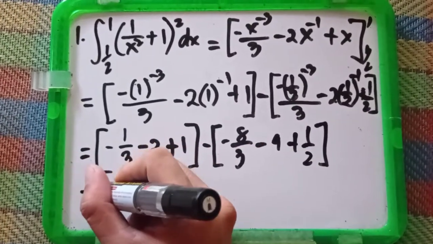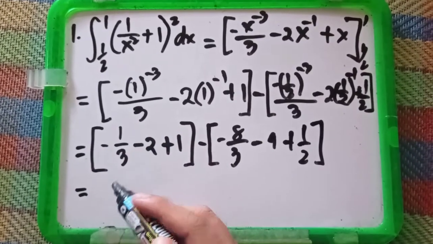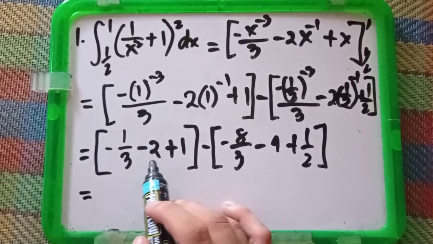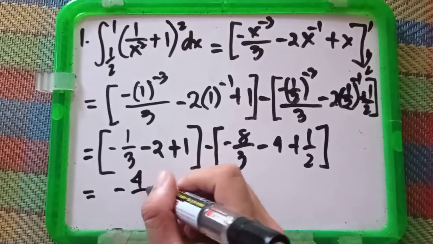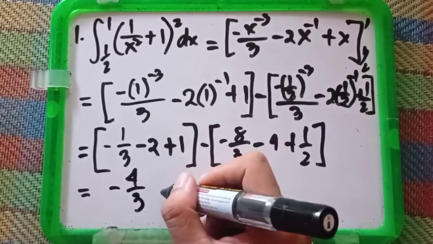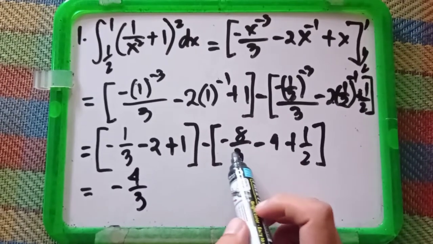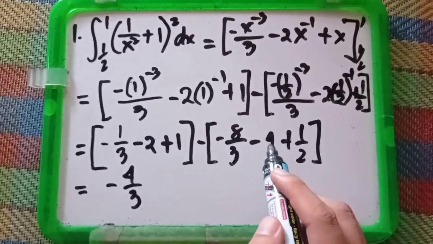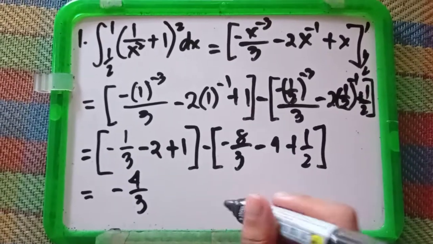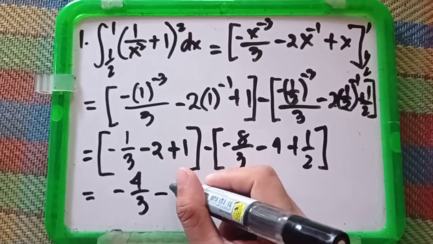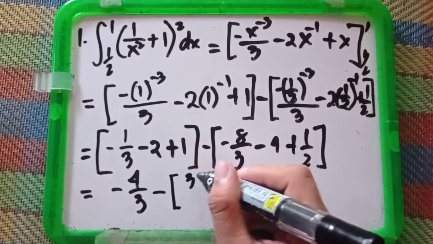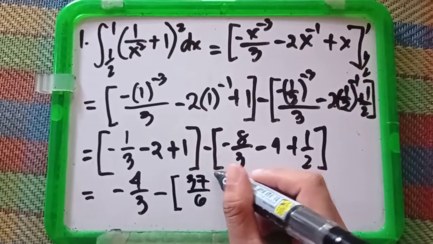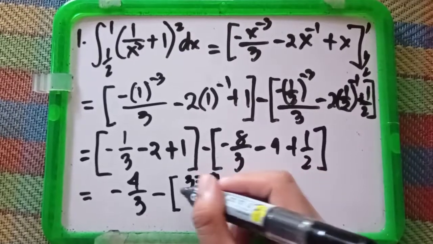Next is i-add na natin yung term na ito, magkakaroon ng negative 4/3, and ito nagkaroon ng negative value, negative 37 over 6. May negative.